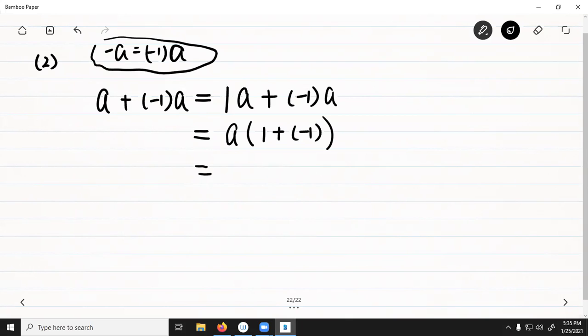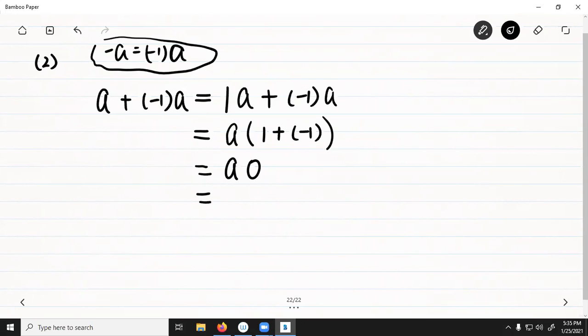So 1 plus negative 1: last time, I showed you that A minus A equals 0, right? So 1 plus negative 1 means 1 minus 1, which equals 0. So this would be A times 0. A times 0, we know the result we already have: anything times 0 equals 0.